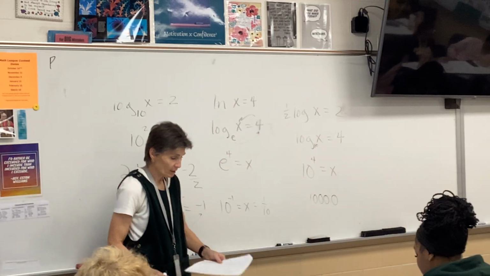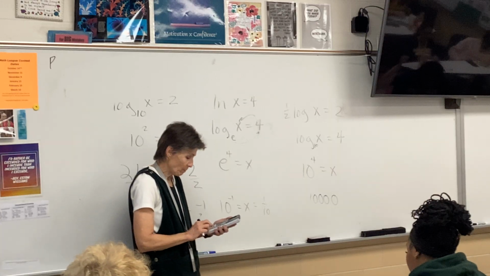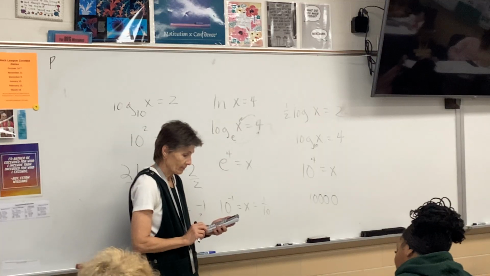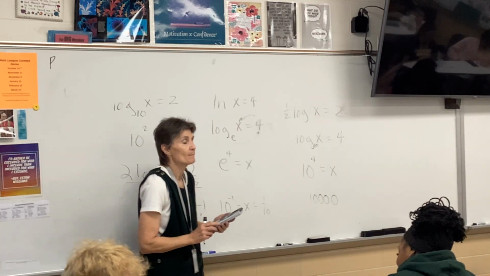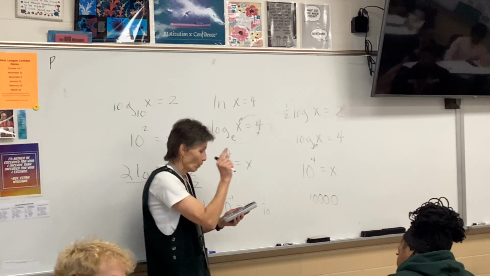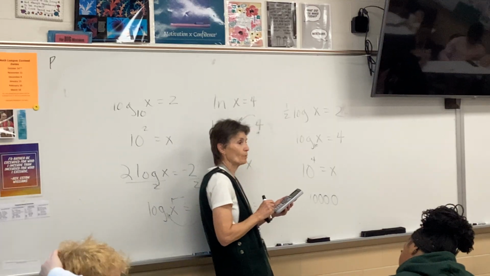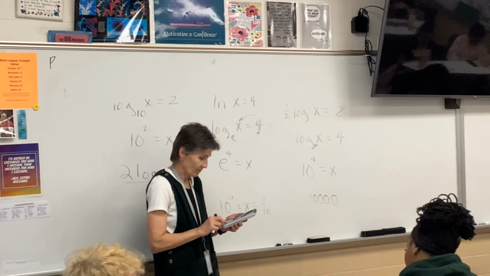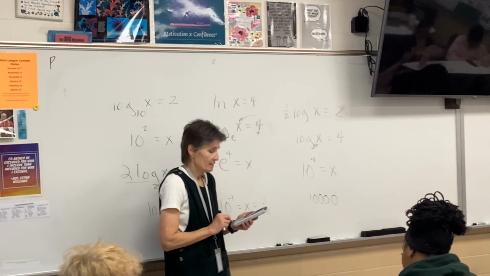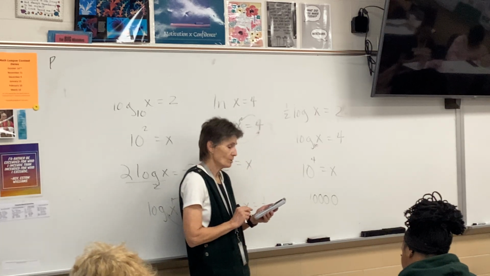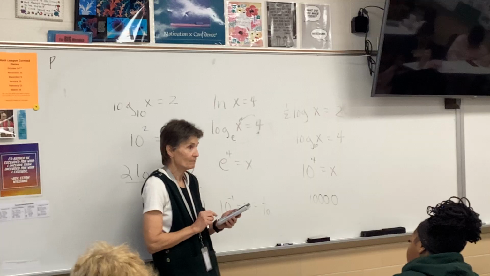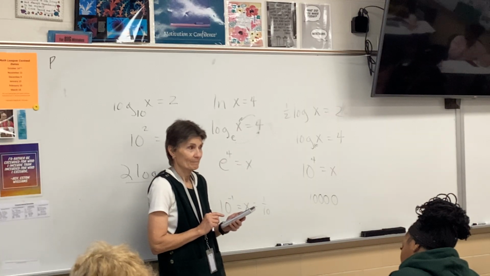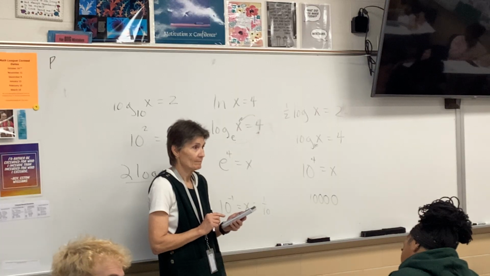All right, we might as well finish it up. Part A, log 3.67. Tell me what you get. 0.5647, rounded correctly. ln of 2 divided by 3 is negative 0.4055.